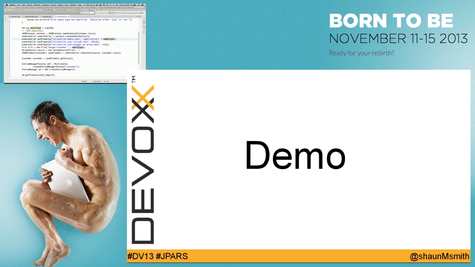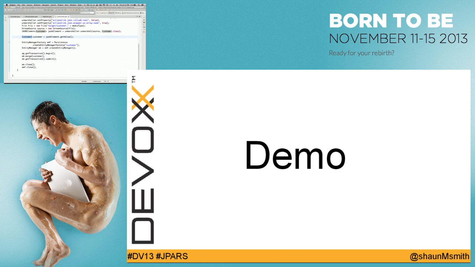I'm going to read it from the file and dig out the customer. And then I'm going to merge it. Take the customer and merge it into the persistence context, commit, and JPA will detect any changes I make to this object graph, that's part of the merge process, and apply the minimal SQL to propagate that change down to the database, right? So I can run this too.